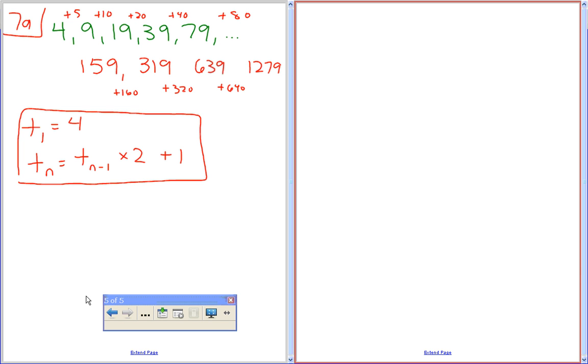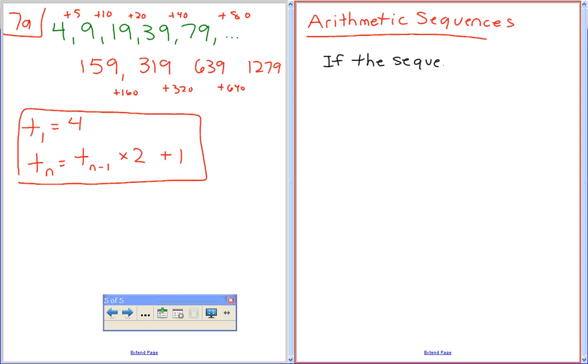Here we go. Arithmetic sequences. Okay, if the sequence is linear, which would just mean it is an arithmetic sequence.